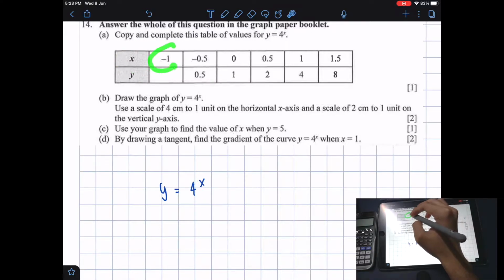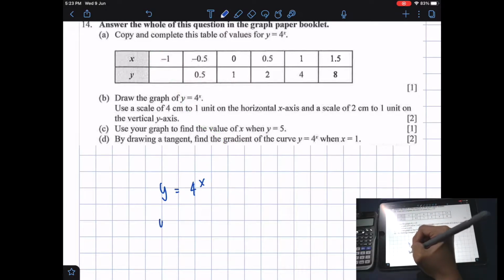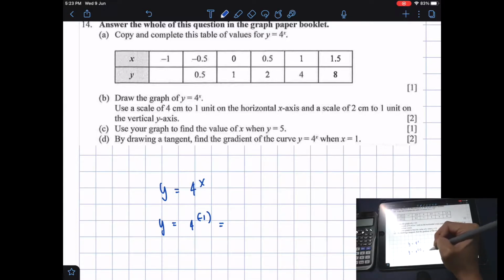The only thing to do is to sub in your -1 in your x. Therefore, y equals 4 to the power of -1, which gives you a value of 0.25. This 0.25 will be in your y value.